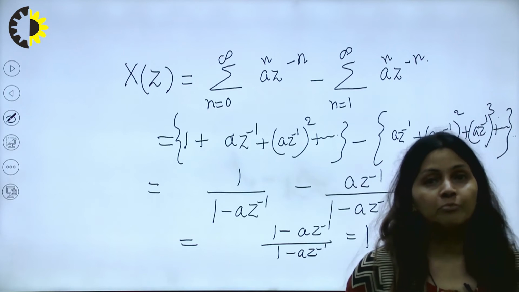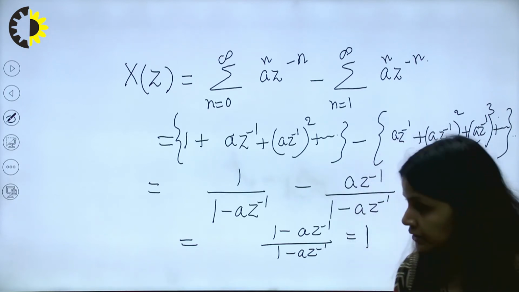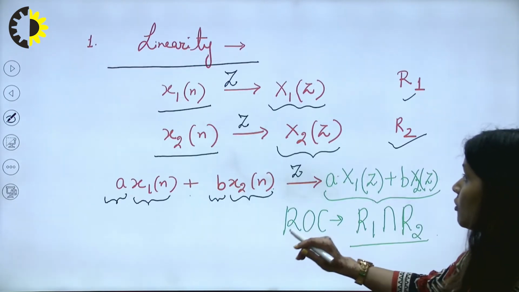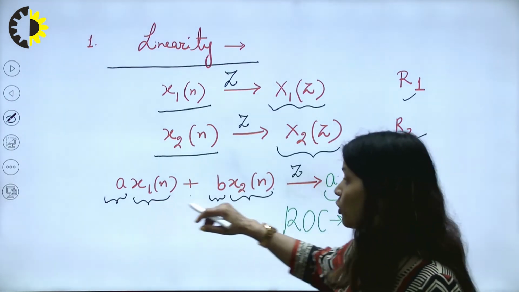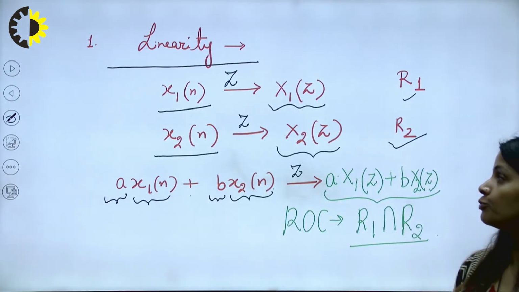Now, in the beginning, we were discussing that the ROC for the linearity property should be the intersection of the two.